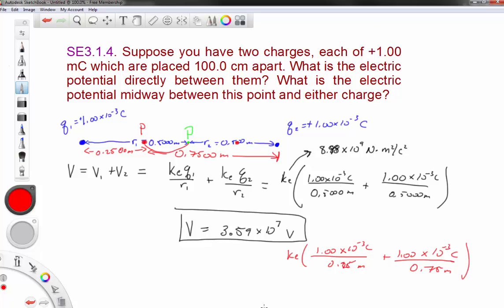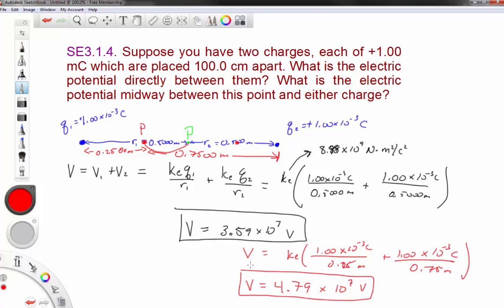If we plug all that into our calculator, what we end up getting is that the total potential in this case is about 4.789, so 4.79 times 10 to the 7 volts.